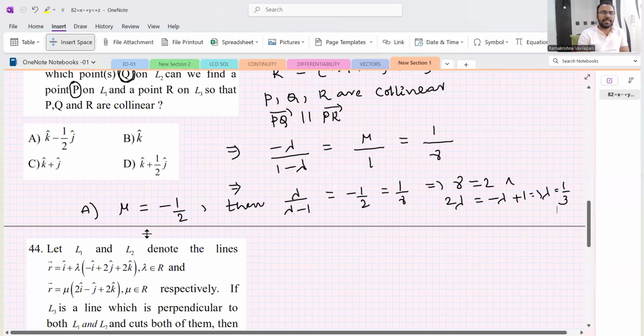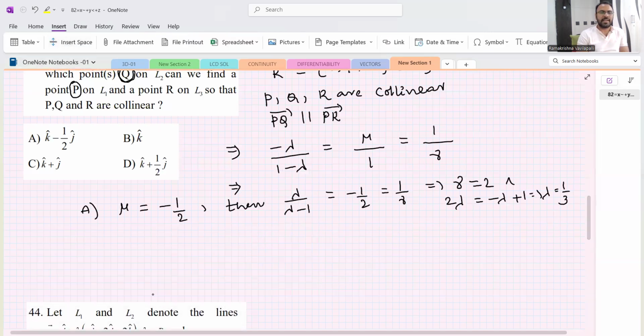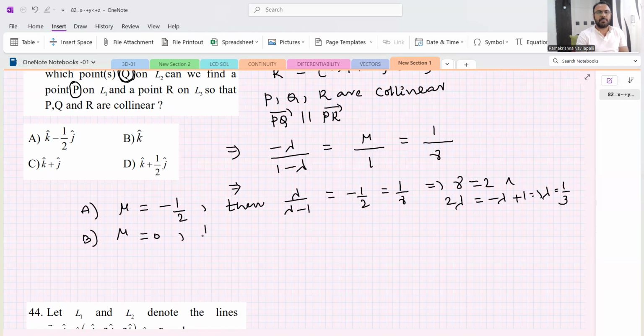Well, in a similar fashion, we can identify the remaining. What about option B? Option B is mu is equal to 0. When mu is 0, gamma doesn't exist. 1 by gamma is equal to 0, not possible.